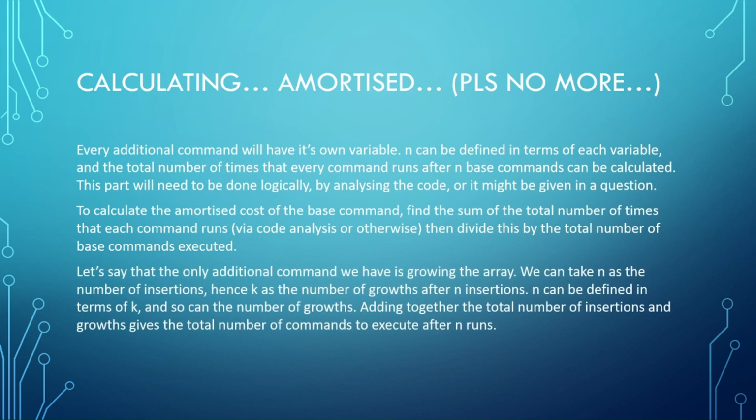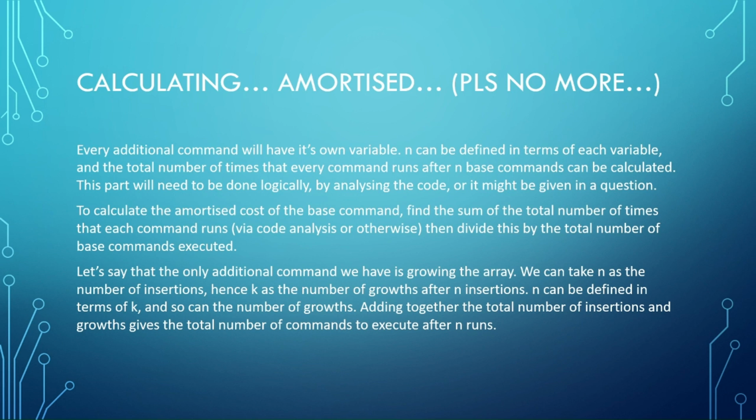Let's take an example where we only have one additional command, which is growing the array. Let's not use sorting for now. We take n as the number of insertions, and k as the number of growths after n insertions. So n can be defined in terms of k, and so can the number of growths.